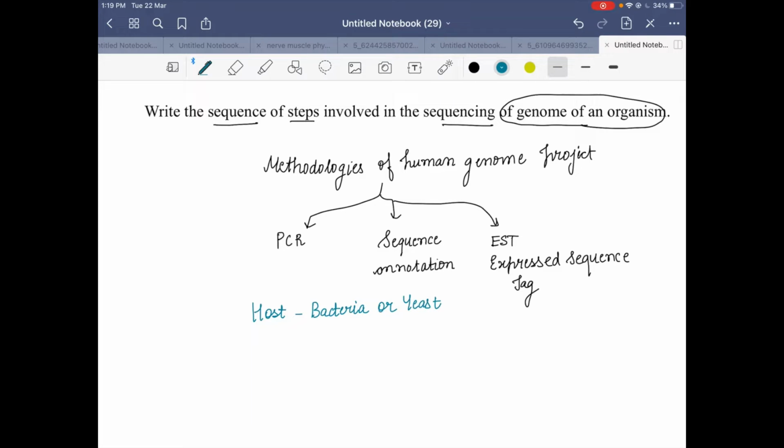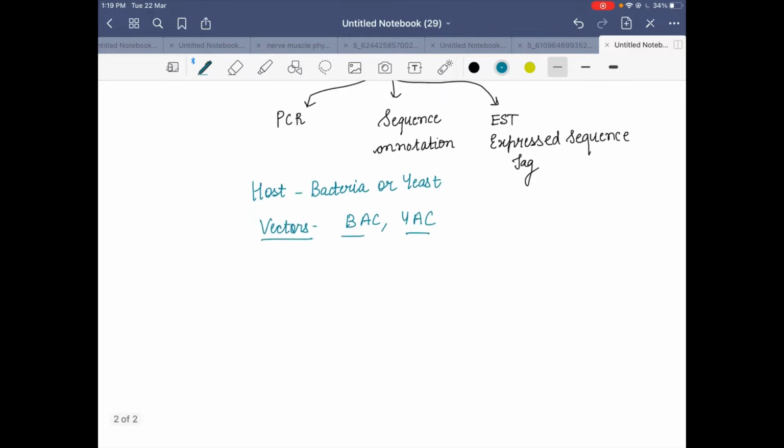There are many bacteria of the group Archaebacteria and Eubacteria. Anyone can be the host. And for vectors we have BAC, which is also called the bacterial artificial chromosome, and YAC, which is called the yeast artificial chromosome. These are the vectors which are used for the sequencing in the human genome project.